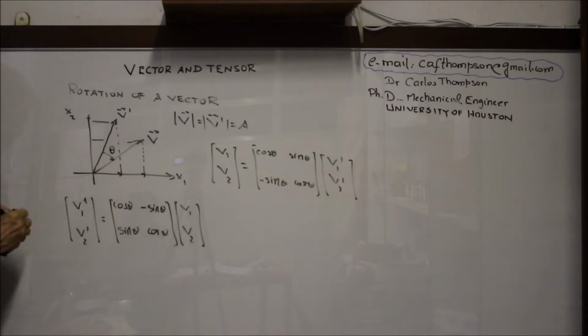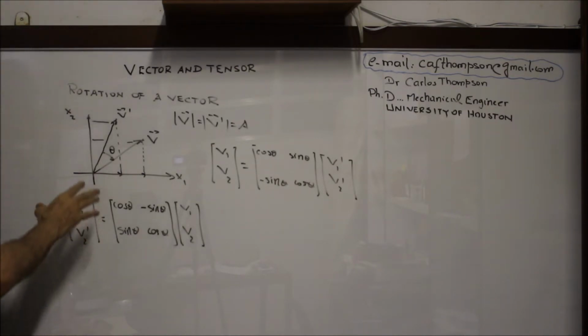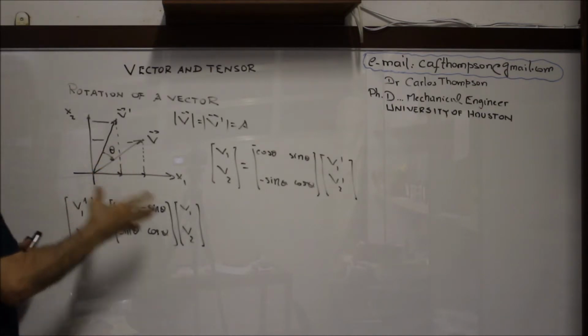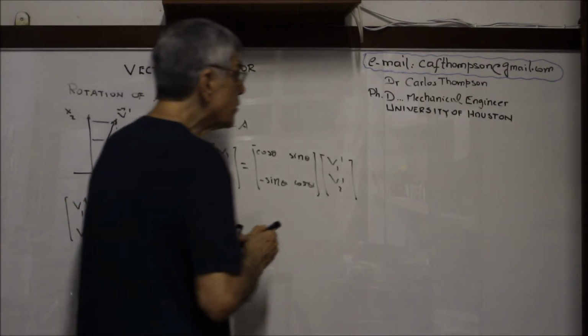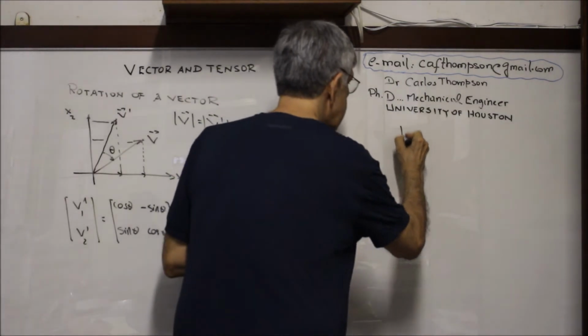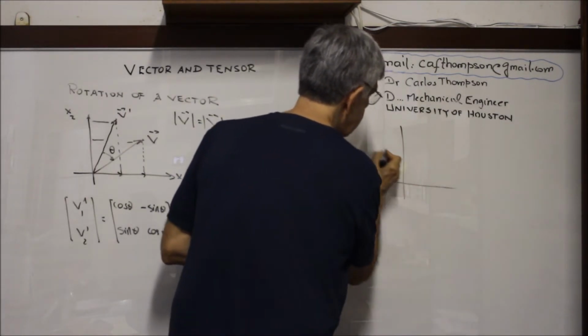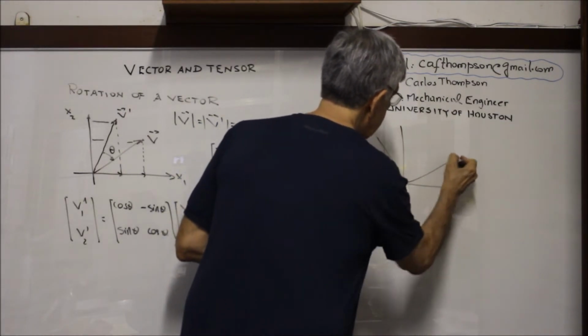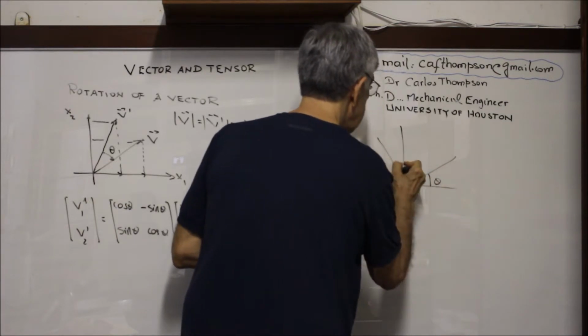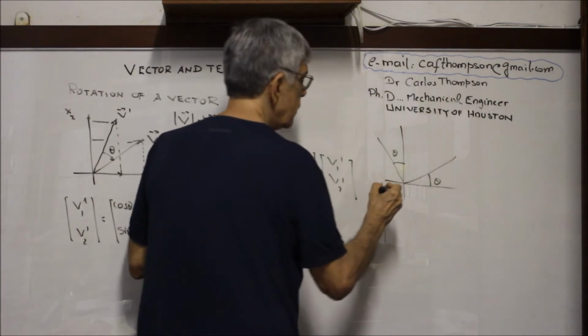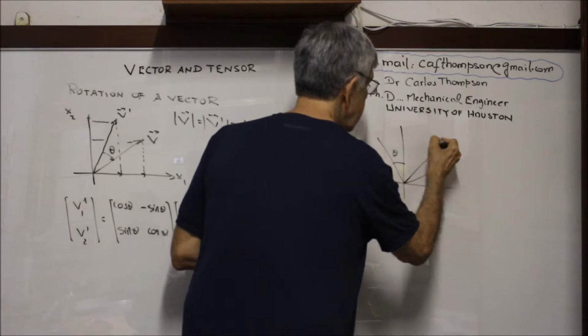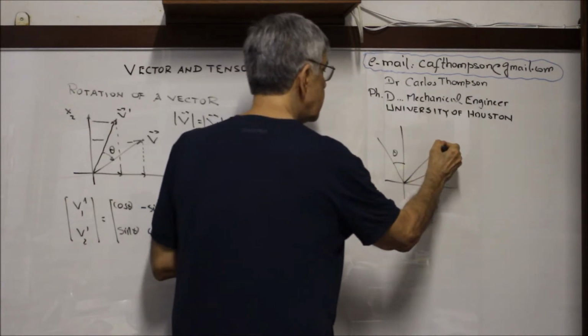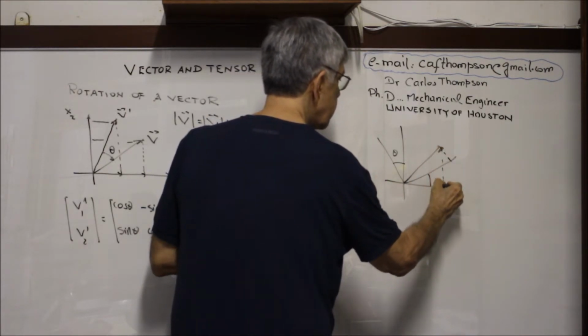This is a trick, a hint I'll give to you. But you have to pay attention. You can analyze this exactly the same way as you did with these two x here. The same way. I rotate theta here and theta here. I have one vector here. You analyze the component here and the component here.